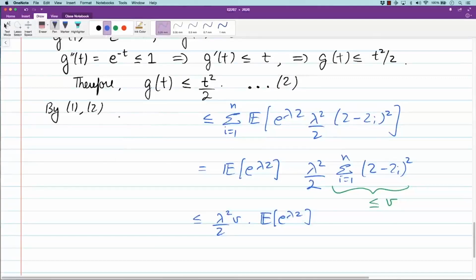We need a bound for the entropy of e to the power lambda Z.